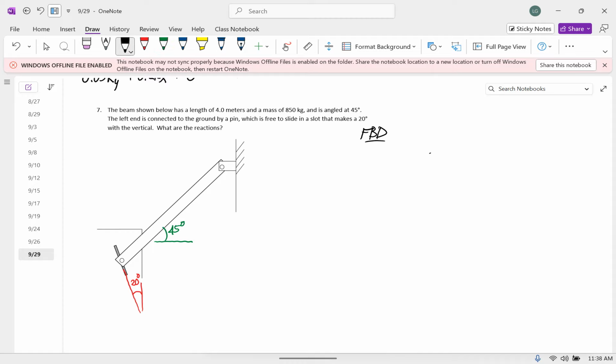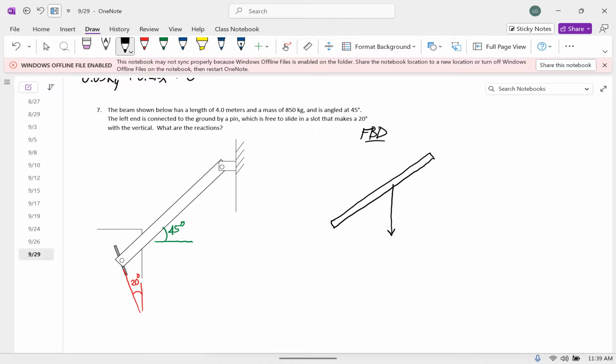Okay, so free body diagram. Here's the beam. This thing has a mass of 850 kilograms. Yeah, I know. I'll bet it would have to be like a mile thick into the page. But anyways, it only says it's 4 meters long. It could be a long plate extending into the page, you know what I mean?